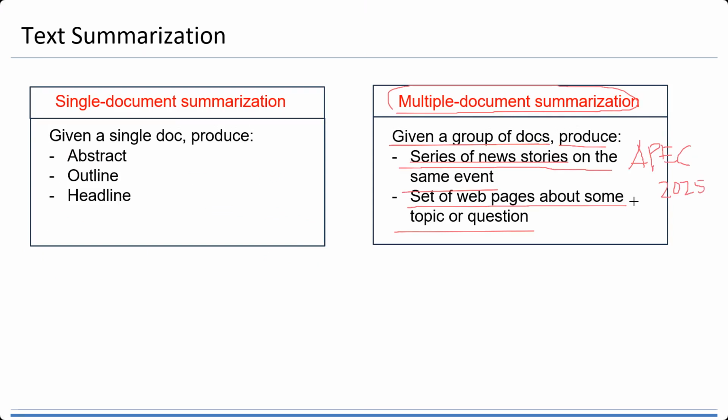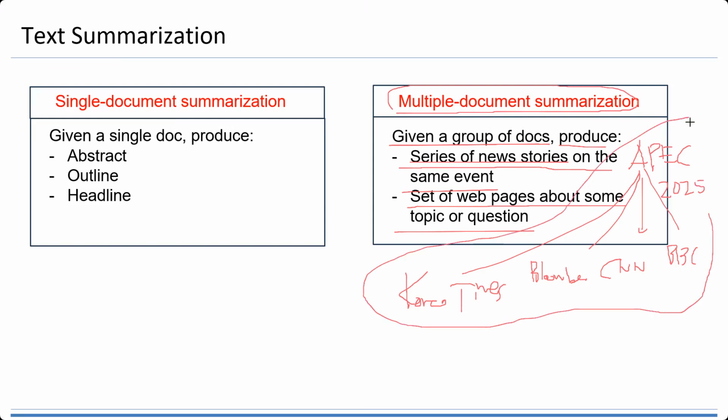You get news from CNN, from BBC, from Bloomberg, from Korea Times, or from Dong-A Ilbo, and so on. You collect all those documents and you want to create a summary, to see whether all the news give the same result or not.